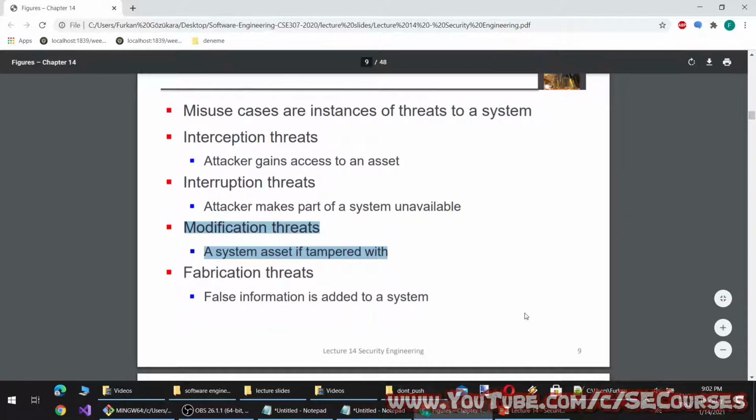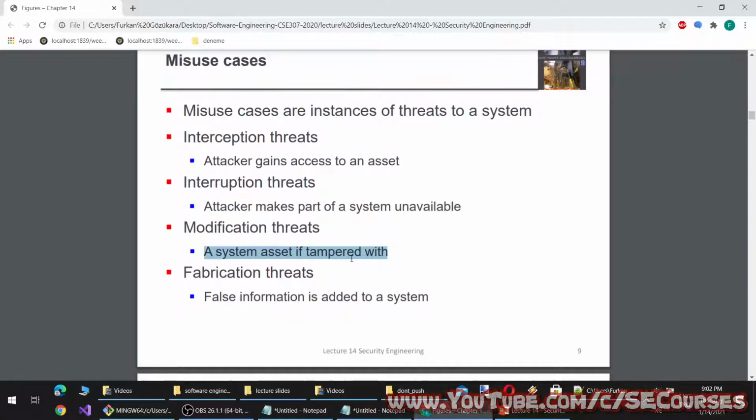Modification threats: a system asset is tampered with. If an attacker modifies an asset of a system, that is a modification attack, such as modifying your sound card software so it still works, but they can then listen to your sounds and such.